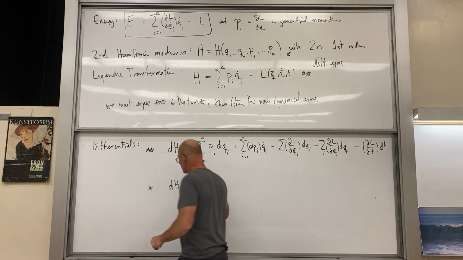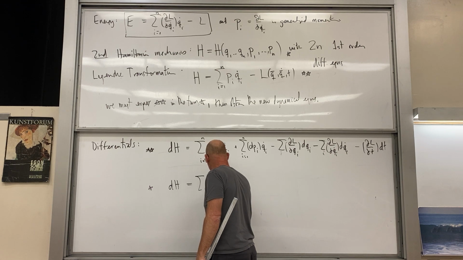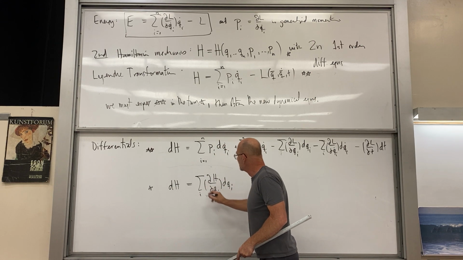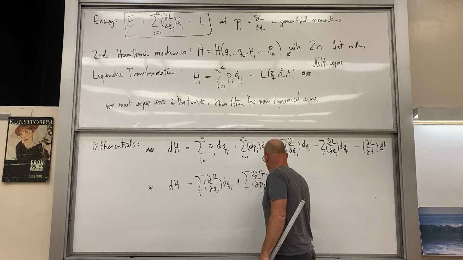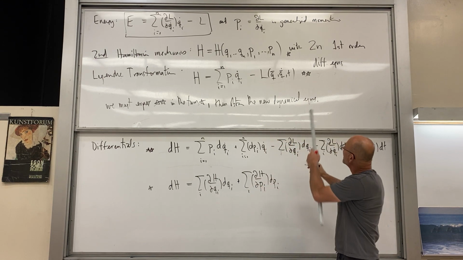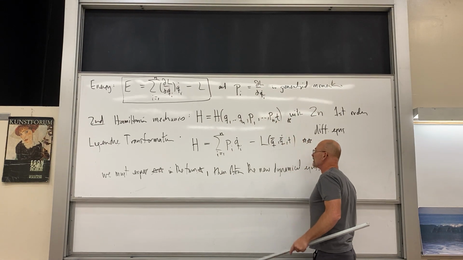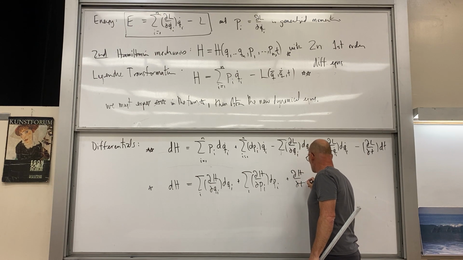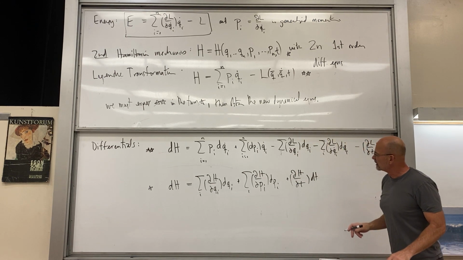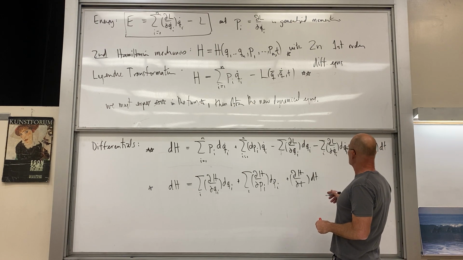Here we have dH equals a sum for the first n q's, so the sum over partial H partial q_i dq_i, and then we have the same thing for the sum over partial H partial p_i dp_i, and then outside of the sums we have time in there as well, plus partial H partial t dt. So we're going to compare these two.